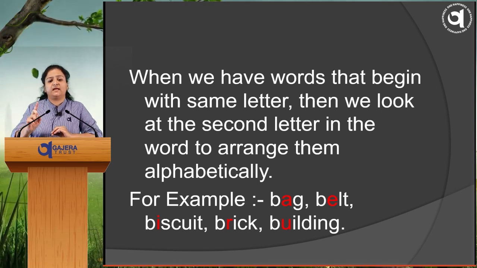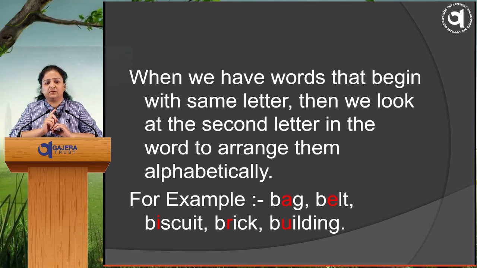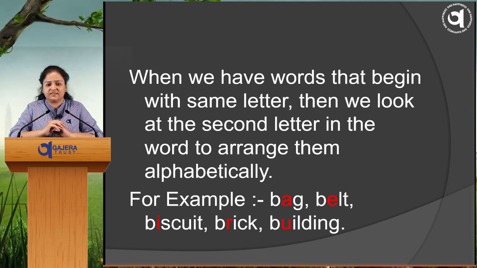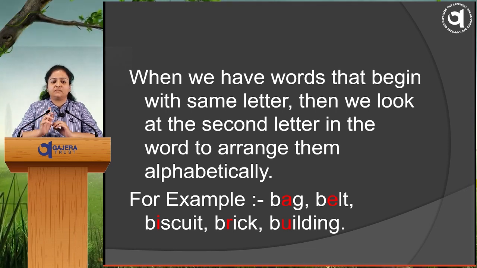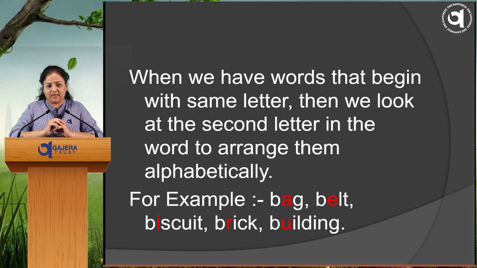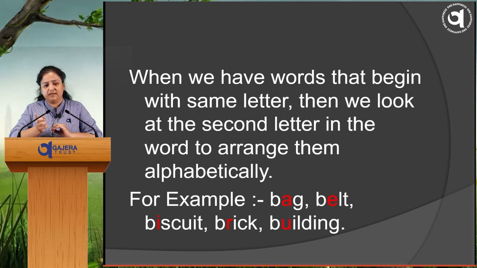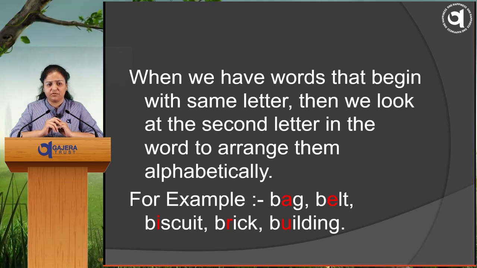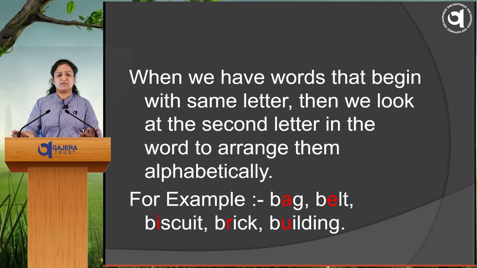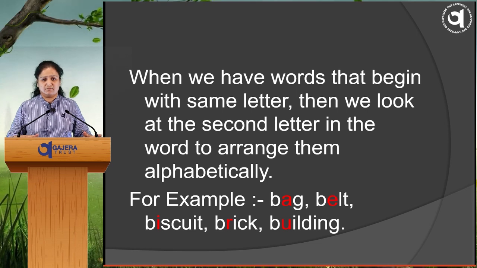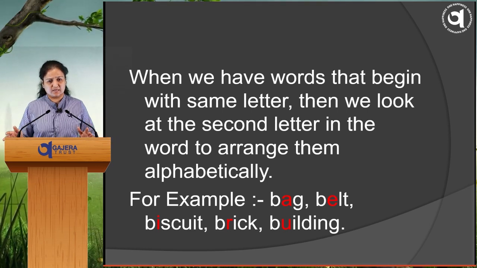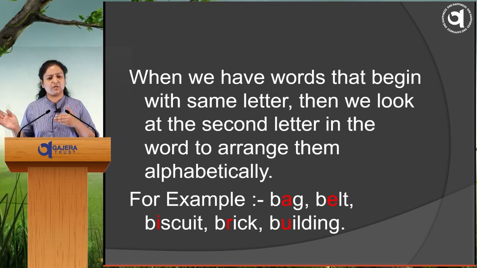In bag, B-A-G, A will come first in the alphabet, then built because E is the second letter, then biscuit because I is the second letter, then R, brick, then building, U. So this is the arrangement when the first letter is the same; we move on to the second. If the second is the same, we move to another.